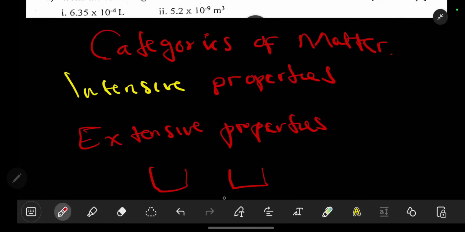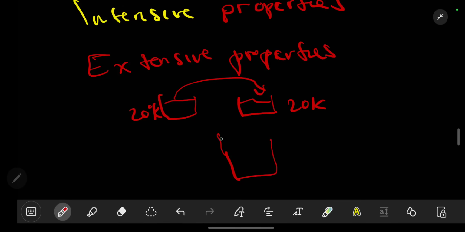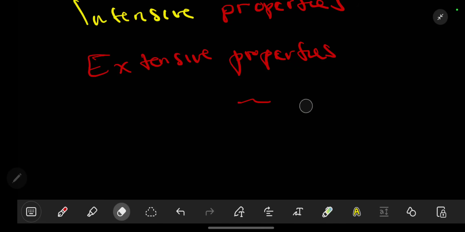If you have beaker 1 and beaker 2, and here it is 20 degrees Kelvin, and this water is 20 degrees Kelvin, when you add this water and this water, the volume increases, but the temperature will not be 40 Kelvin. It is not additive, in other words. So therefore it is an intensive property. It does not depend on the amount of substance that you have.